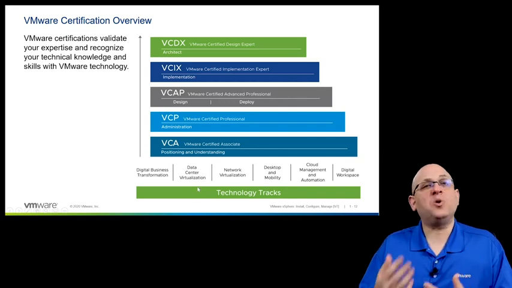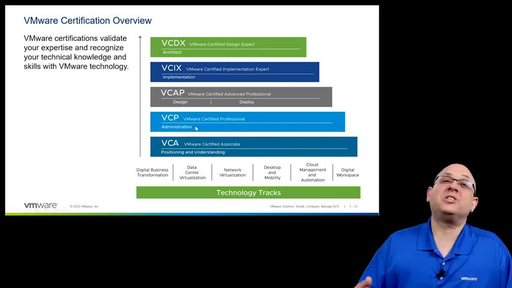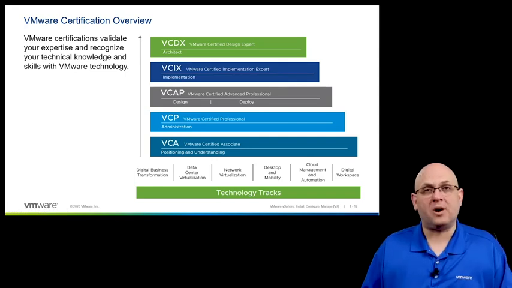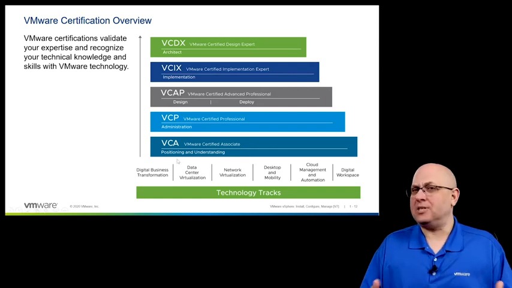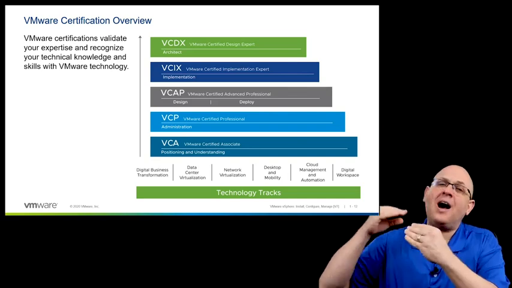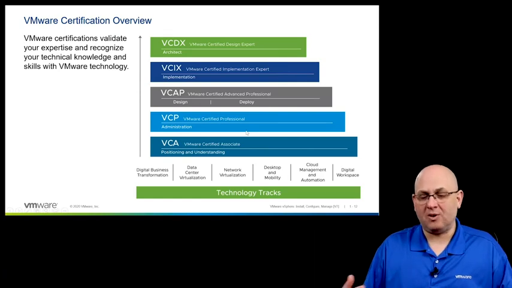A certification here is what we call a VMware Certified Professional, which is really our level 2 certification. If you want to be a technical administrator, it's where you want to start. The VCA is really about positioning and understanding what each of the products are. You're at a higher level than that. You want to become a VCP, a VMware Certified Professional.